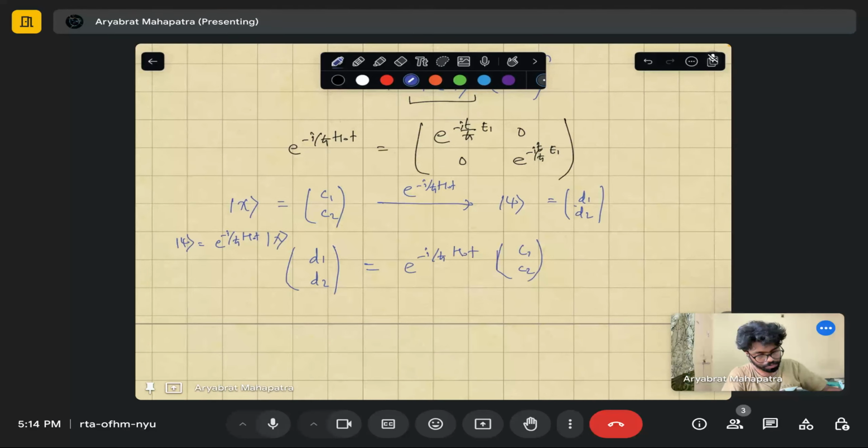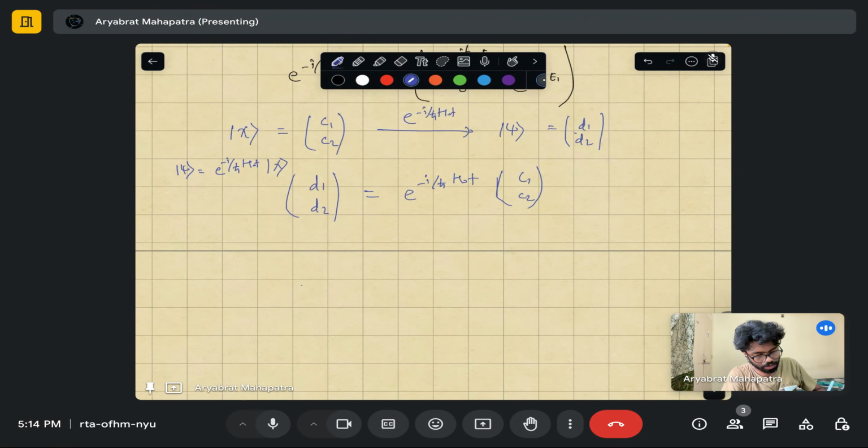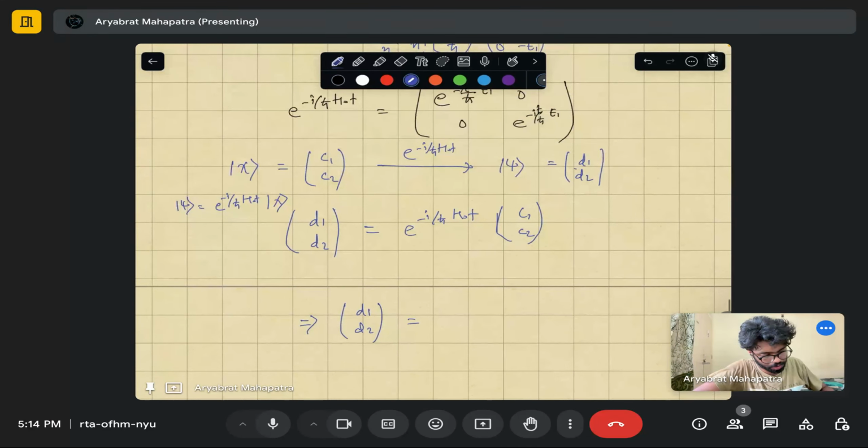So that means I can write D1, D2 equals exponential of i over h bar, H naught t, times C1, C2. This will be a plus sign; I wrote it minus before.